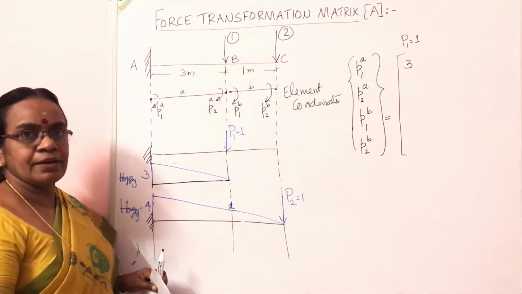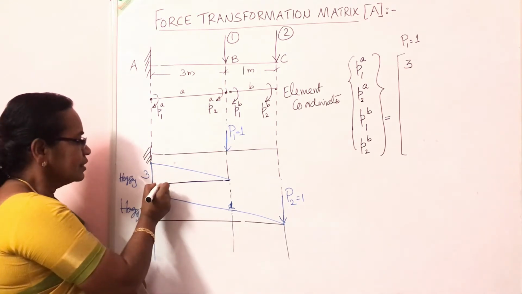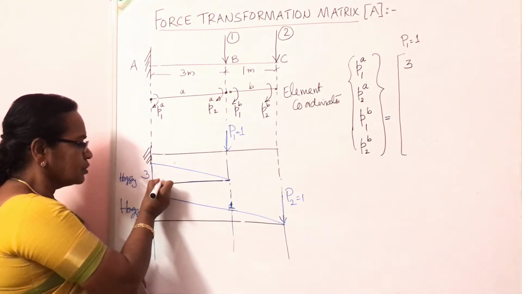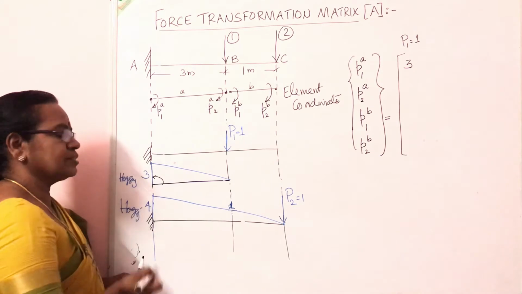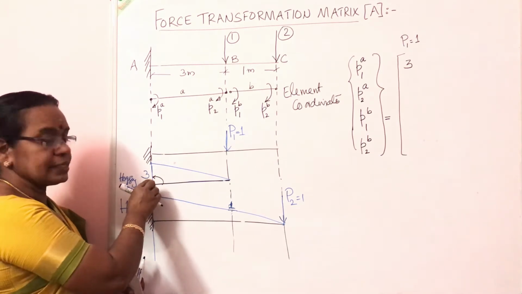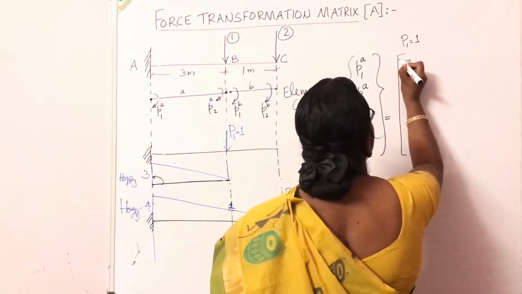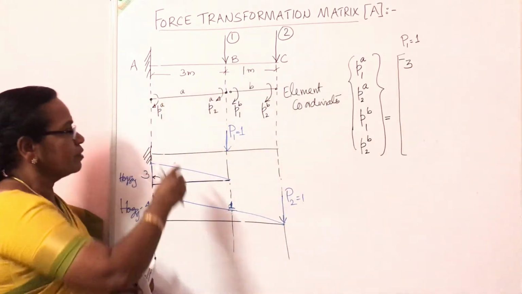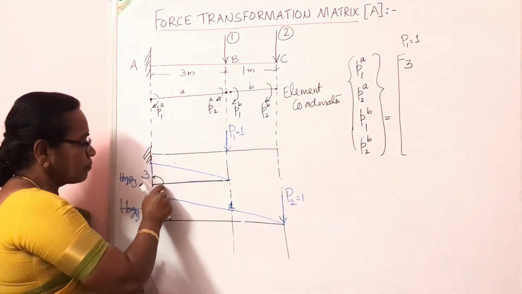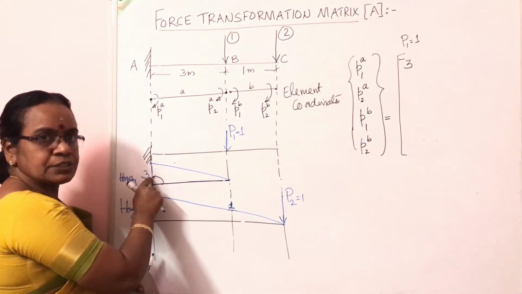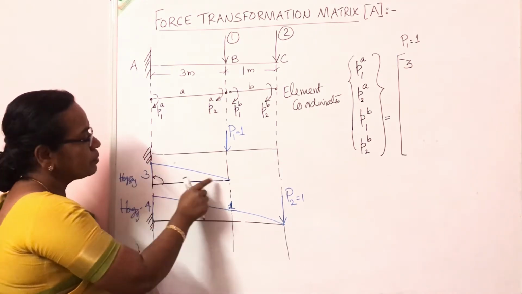Numerically. What about the sign? The sign is from the base to the ordinate. You mark it, this will be anti-clockwise. The moment is anti-clockwise, so it is minus 3, because our positive sign is clockwise. From the base to the ordinate you measure it. It is anti-clockwise.